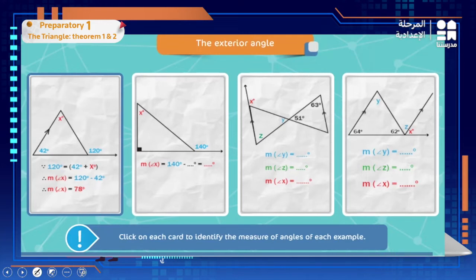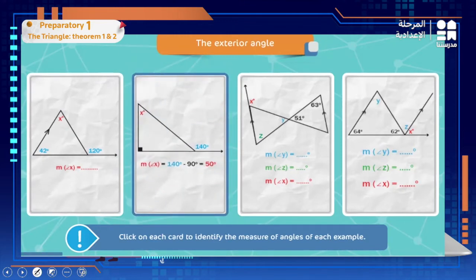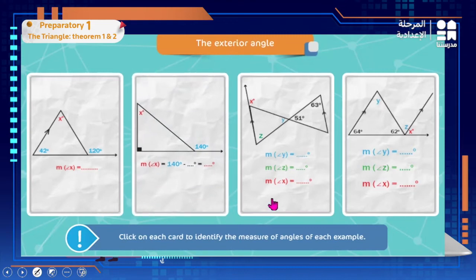So the measure of angle x equals 78 degrees. According to the laws of the exterior angle, it equals the sum of the measures of the two interior non-adjacent angles. So the measure of angle x equals 114 minus 90, which equals 50 degrees.